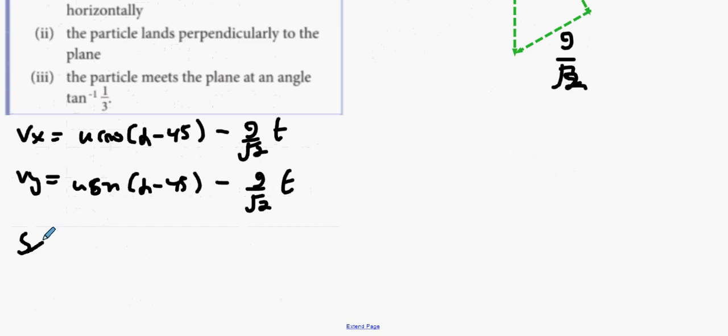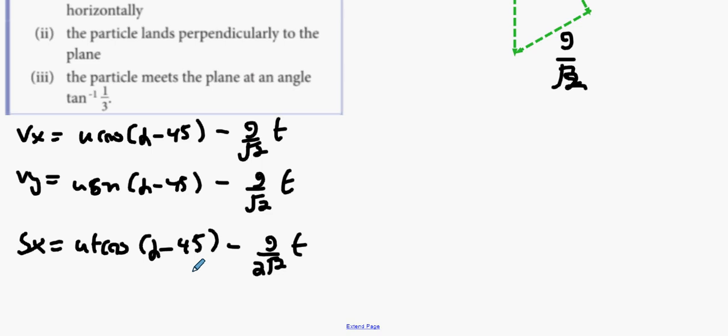Sx is going to be ut cos alpha minus 45 minus g over 2 root 2 t squared. Finally, Sy equals ut sine alpha minus 45 minus g over 2 root 2 t squared.